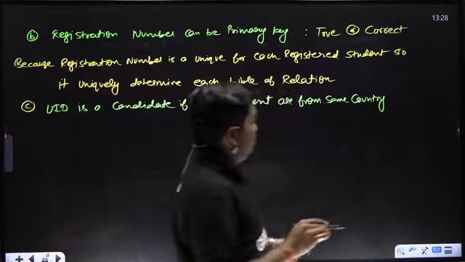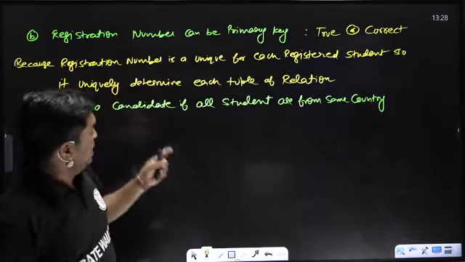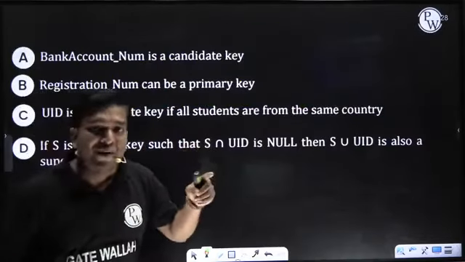UID is a candidate key if all students are from the same country.